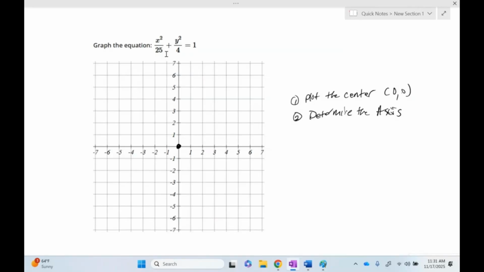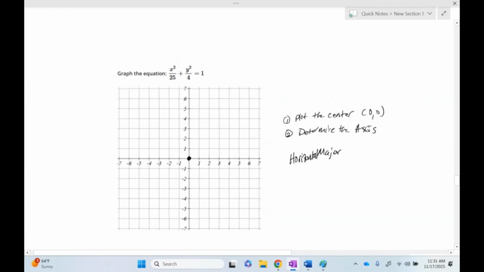Once you've determined the major axis, you want to move along that major axis. So this has a horizontal major axis. Then I can actually use one of my model forms.